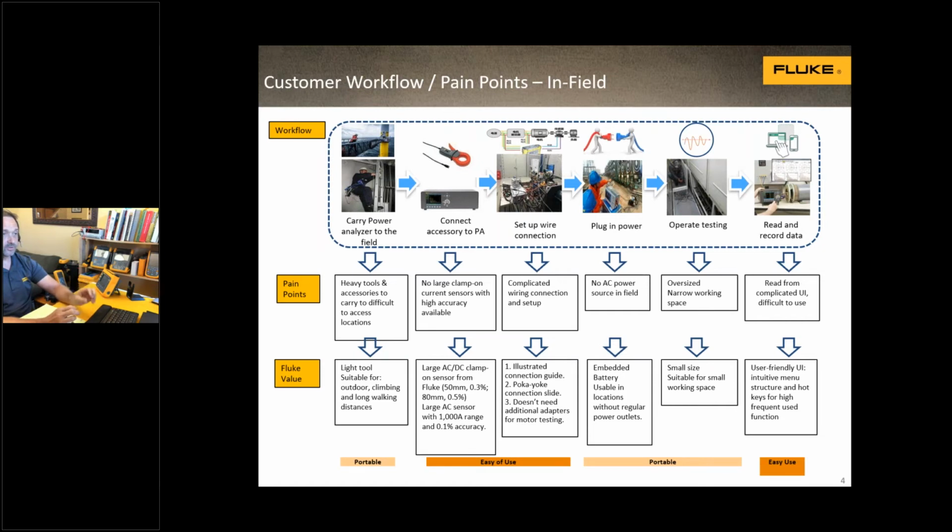The user interface on the bench models can be very complicated and difficult to navigate, leaving it more to a research and development or laboratory engineer to use and become familiar with. Whereas we've redesigned the UI on the Norma 6000 to be much easier to navigate, so technicians with little experience can navigate the menus and make the measurements they're instructed to without having to figure out how to set up the tool and navigate a complicated menu system. So it saves a lot of time and energy.